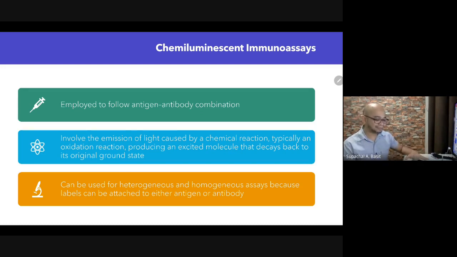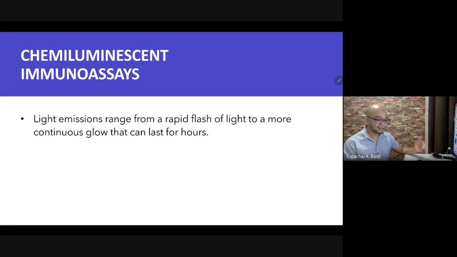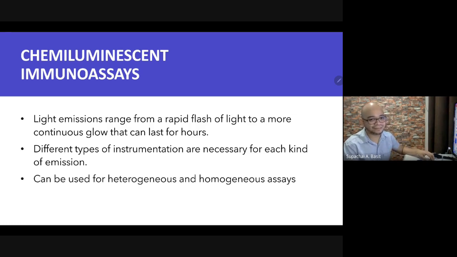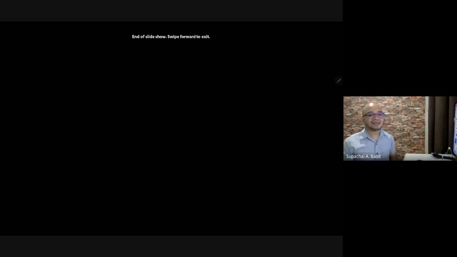Two platforms can be used, either homogeneous or heterogeneous assay. Light emission ranges from a rapid flash of light to a more continuous glow that can last for hours, so different types of instrumentation are necessary for each kind of emission. There is also a machine that can measure the chemiluminescence. Okay, so that ends my lecture for the labeled immunoassay.